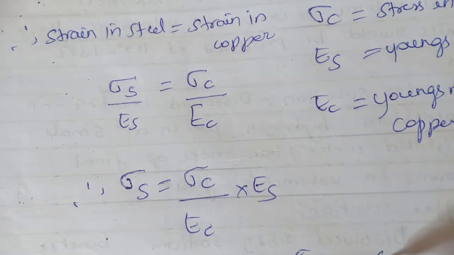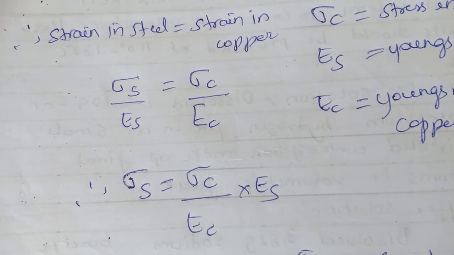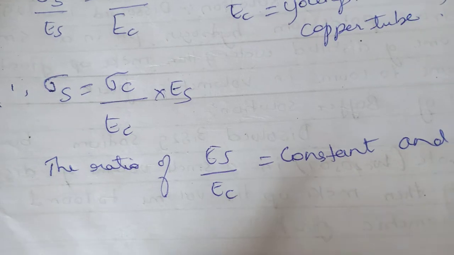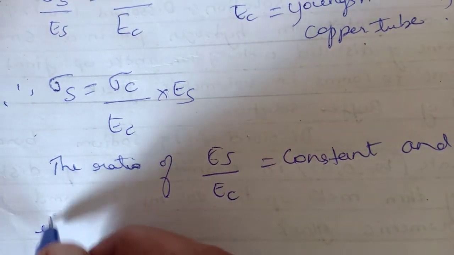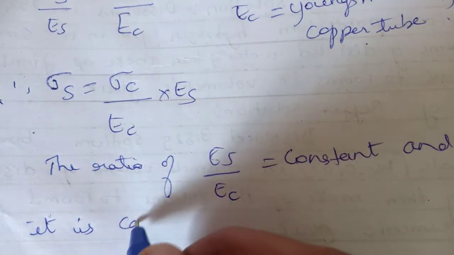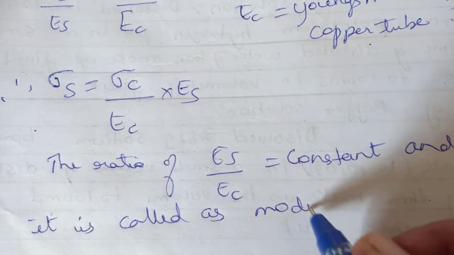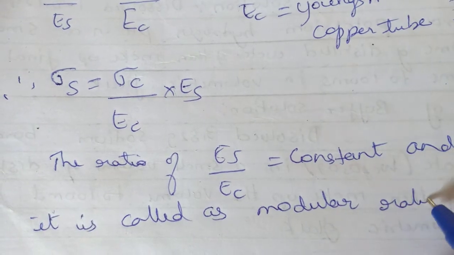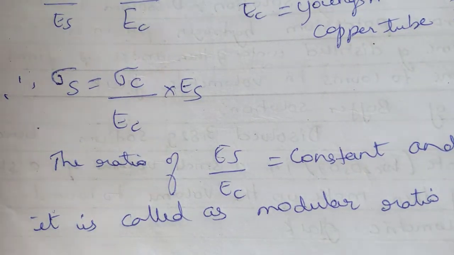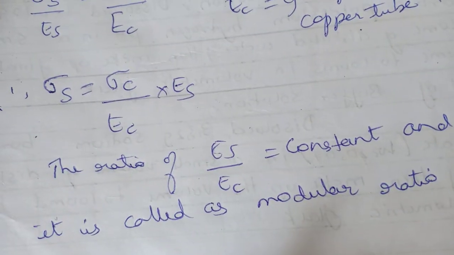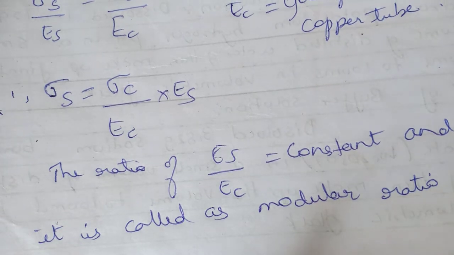It is a constant, and it is called the modular ratio. Understood all of you? So today we shall solve the sums related to this composite section, that is when two materials are combined together.